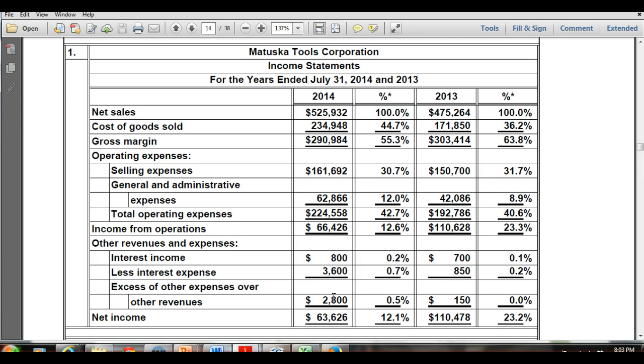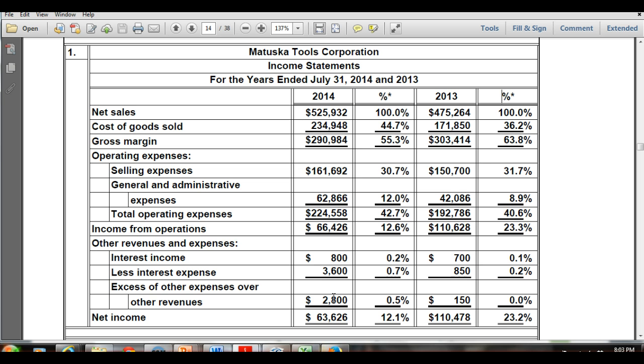Every single one of these numbers is divided by your net sales. For 2014, that number will be 525,932. But for 2013, your 100% is going to be the 475,264.